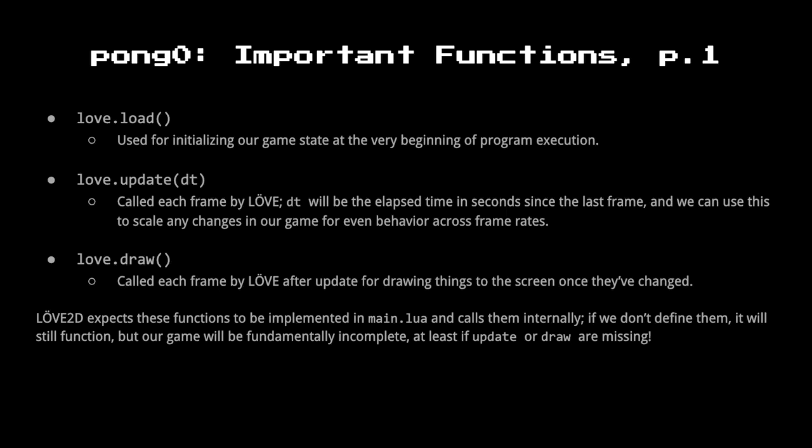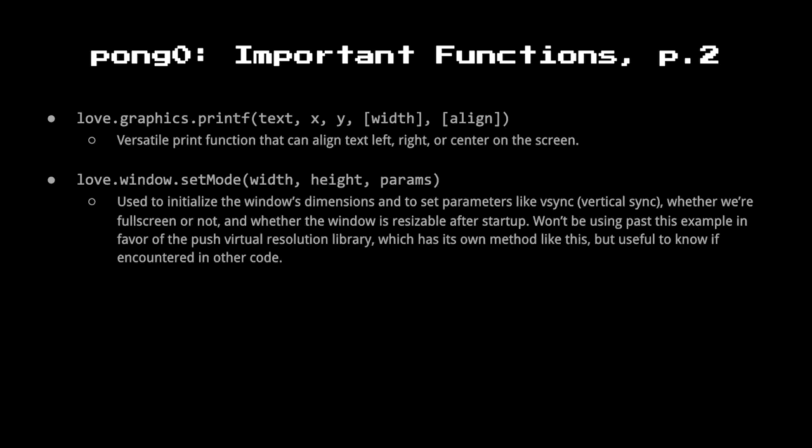We'll take a closer look at delta time in a couple of iterations down the track. Love.draw is where you should place anything that draws something to the screen, and behind the scenes, Love will call love.draw after it calls love.update.